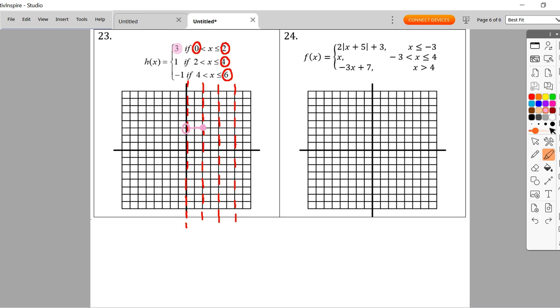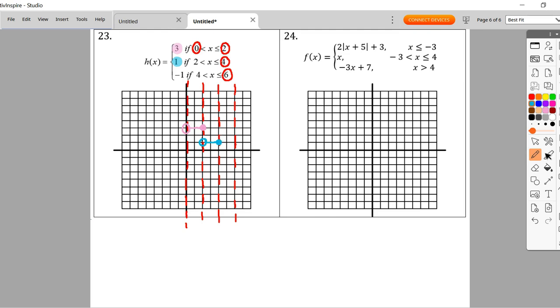Next part of my piecewise function I'll graph here is going to be 1. And that's going to be a horizontal line at 1 when x is between 2 and 4. Open circle on the left side since it is just a less than by that 2, but it's less than or equal to by the 4 part of my inequality statement, so I put a filled circle.